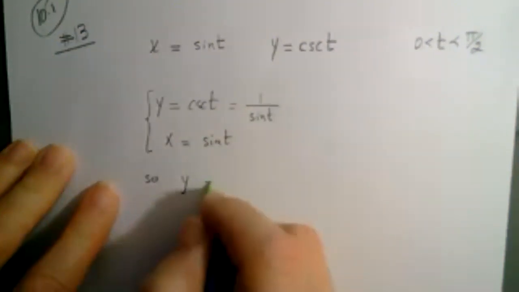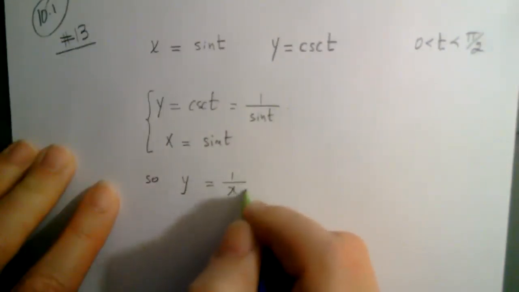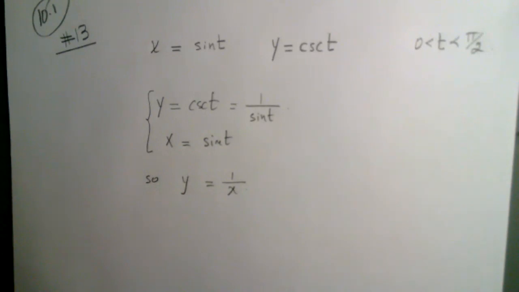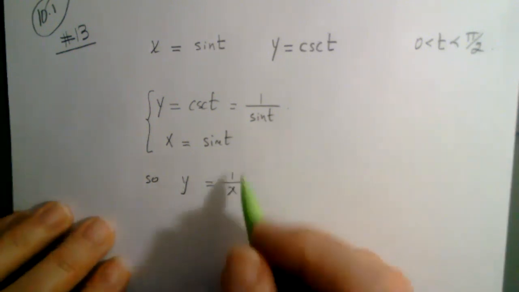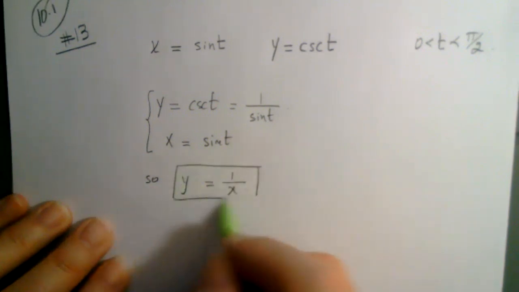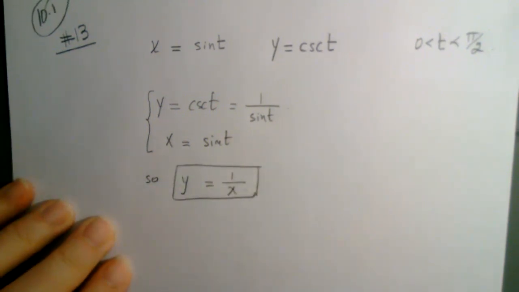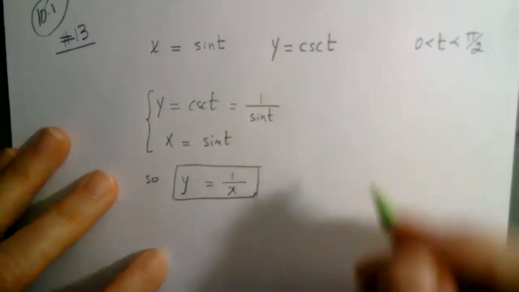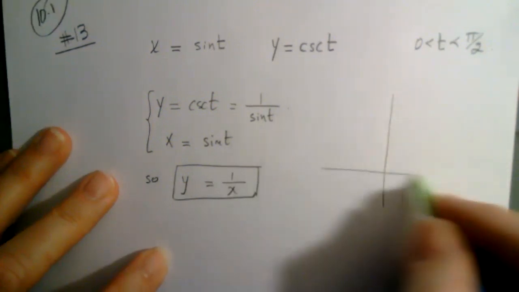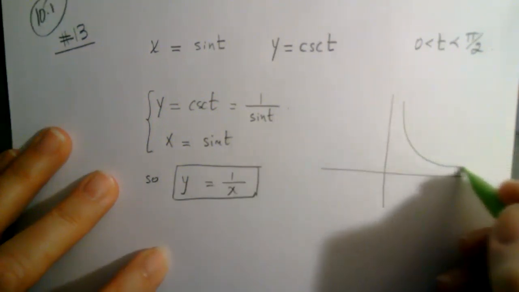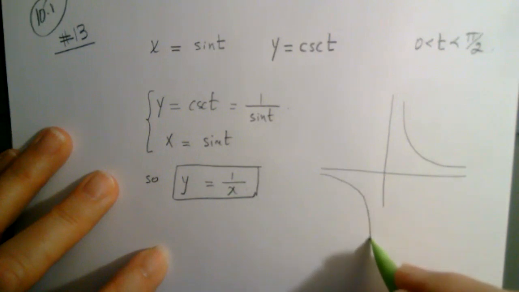So this will give me that y equal 1 over x. So that's the relationship between them. And so this tells me that the graph somehow should look like this. That's the graph of 1 over x.